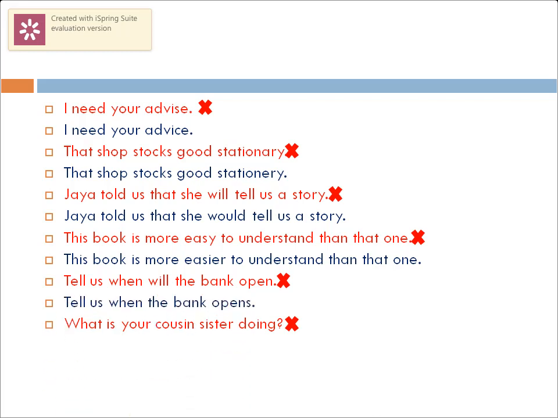Tell us when the bank opens is the right usage, because the bank opens every day. What is your cousin sister doing? This is another error that we commit. Cousin already means a sister or a brother, so the word sister is unnecessarily used here.